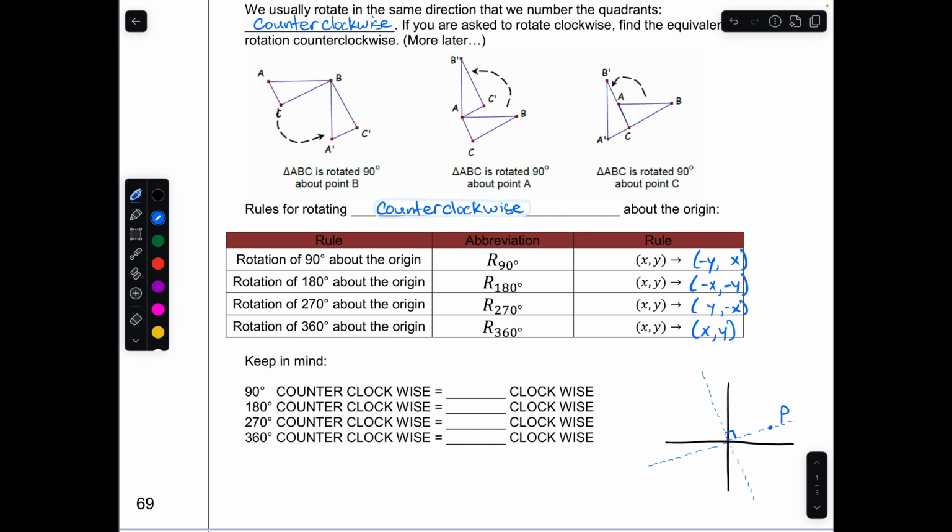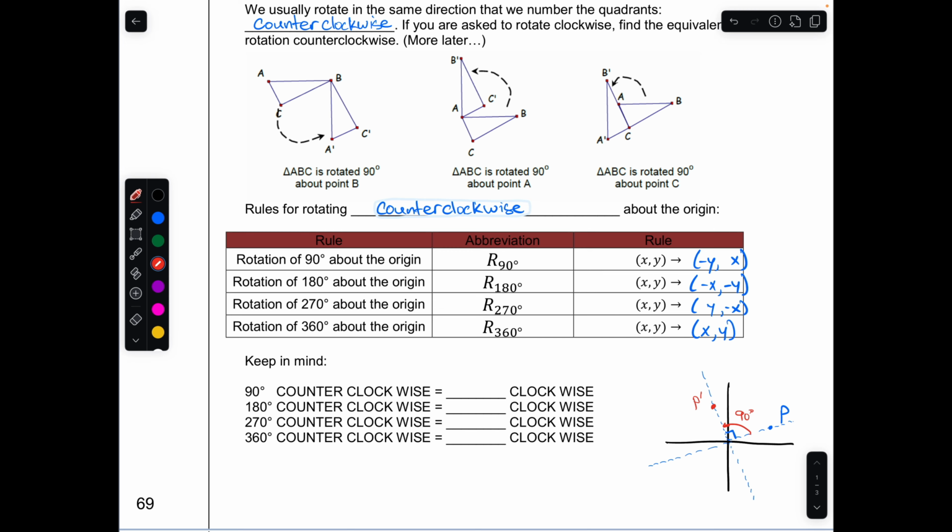Okay, so let's say I wanted to rotate P 90 degrees. Let me change my color. How about red? If I rotate it 90 degrees, then P prime might be somewhere over here.